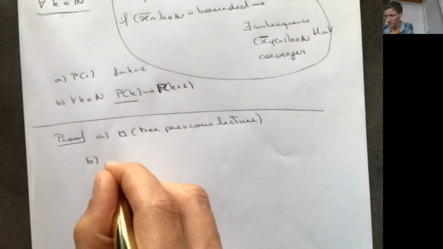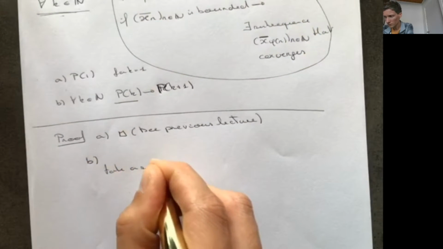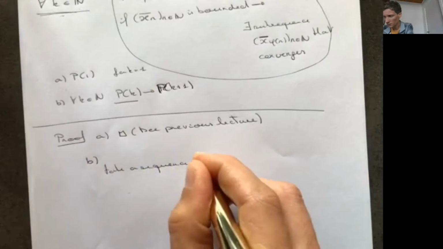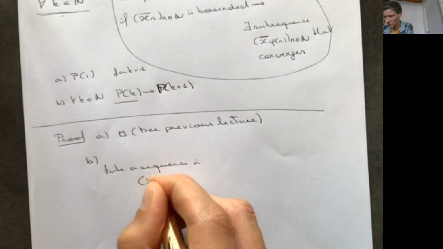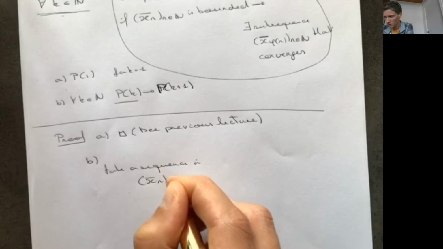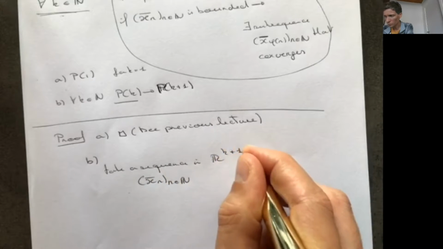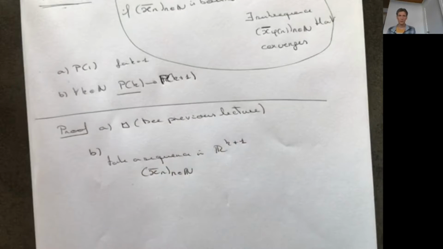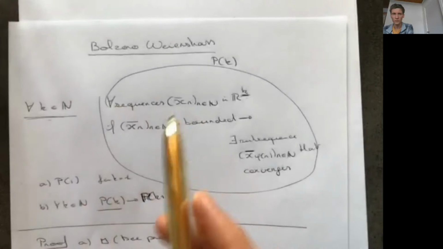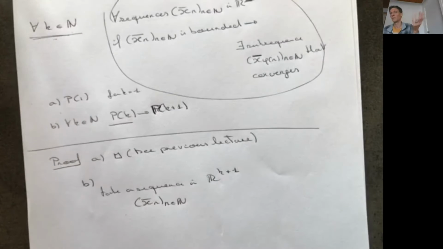So take a sequence, let's call it x_n, in Rk+1. It has to hold for every sequence, so take any sequence. If you can show it for any sequence, then you have shown the theorem. So we take any sequence in Rk+1.